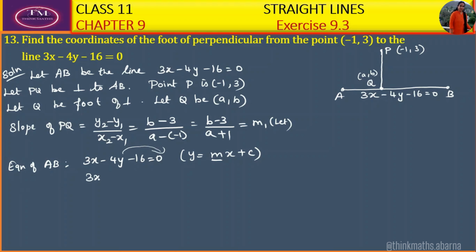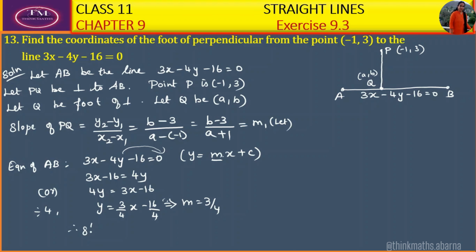So 3x minus 16 equal to 4y, or you can write it as 4y equal to 3x minus 16. Now divide by 4. So you will get y equal to 3 by 4 x minus 16 by 4. Comparing this with y equal to mx plus c, m is equal to 3 by 4. That means the slope of AB is 3 by 4.